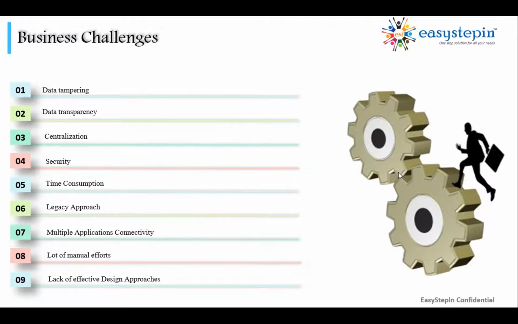Data can be visualized from anywhere as blockchain provides transparency and decentralization. The blockchain platform ensures that your data is encrypted, which means that modifying data is a difficult task. So we at EasyStepIn have proposed a unified solution to solve these challenges using Dell Boomi and blockchain.